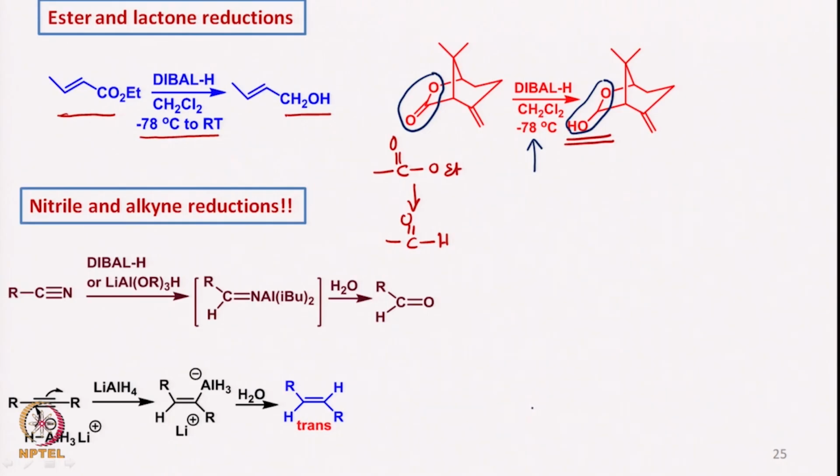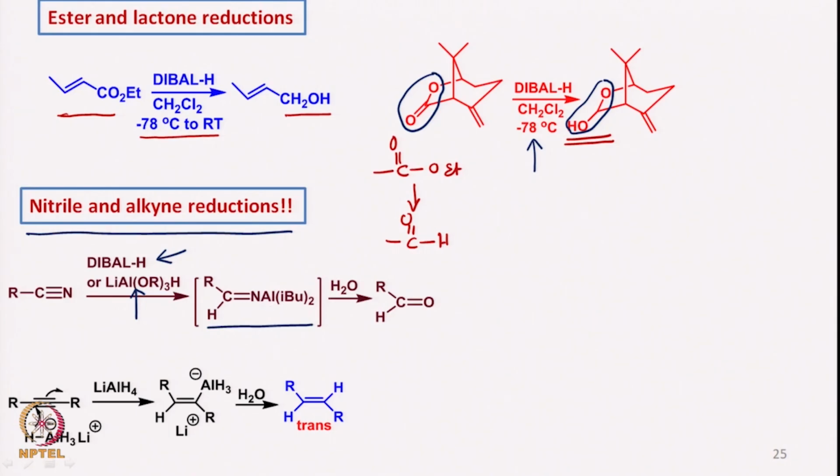In the reduction of nitrile and alkyne, diisobutyl aluminum hydride can also be utilized. For example here, nitrile reacts with, say, diisobutyl aluminum hydride or this sterically hindered lithium aluminum trialkoxyhydride, and we can stop the reaction by transferring one hydrogen, say in the case of DIBAL, to this stage.